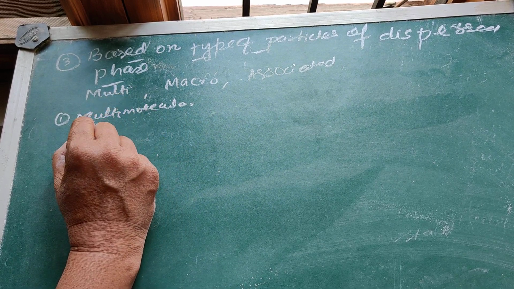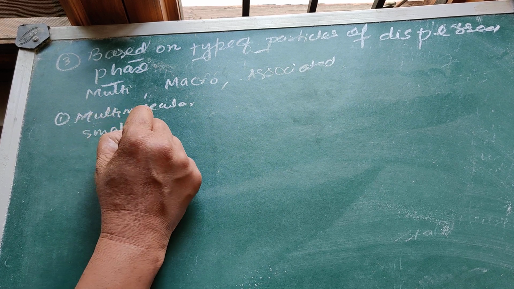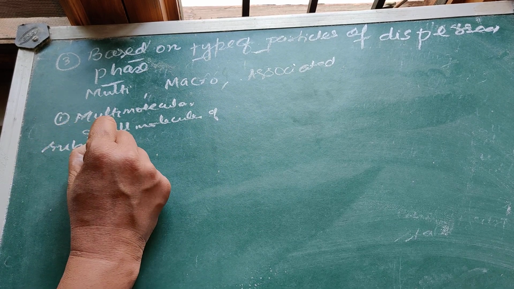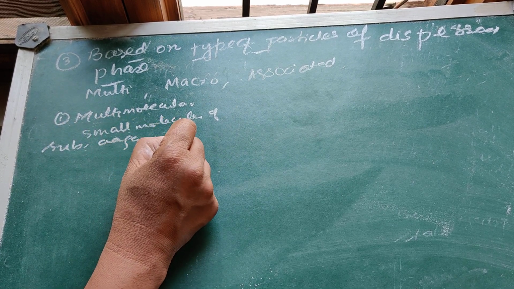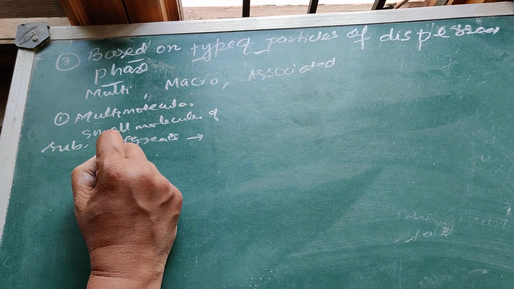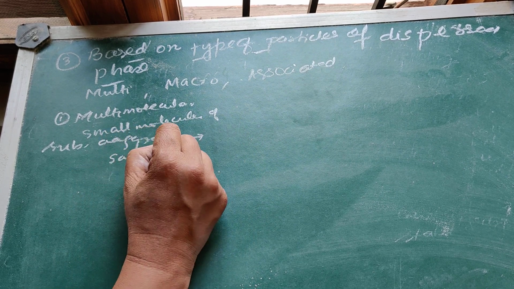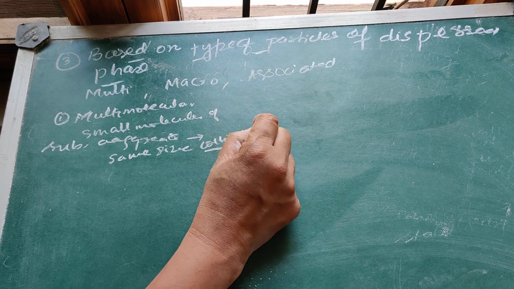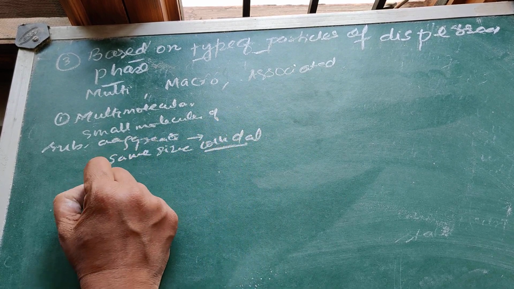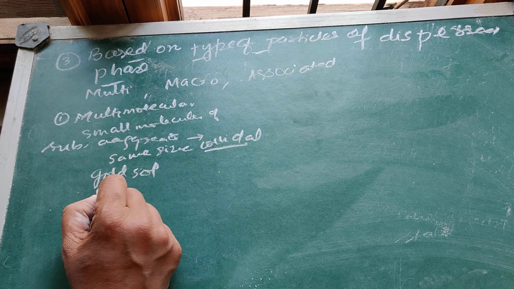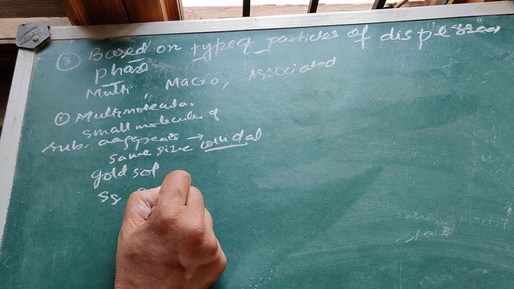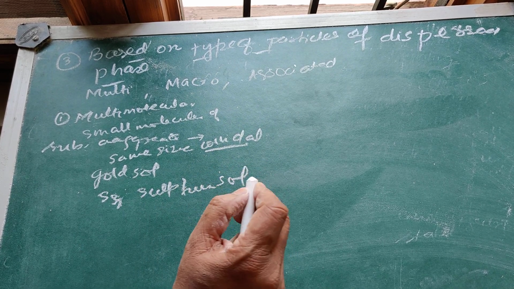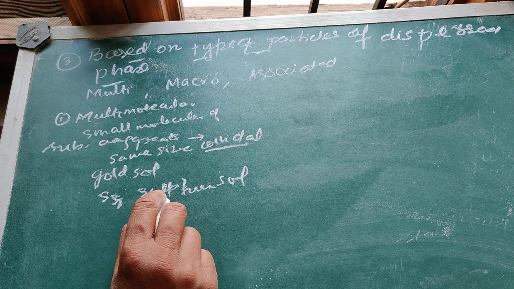Means the small molecules of the substance aggregate to form species having a size in the colloidal range. Examples: gold sol, then sulfur sol.